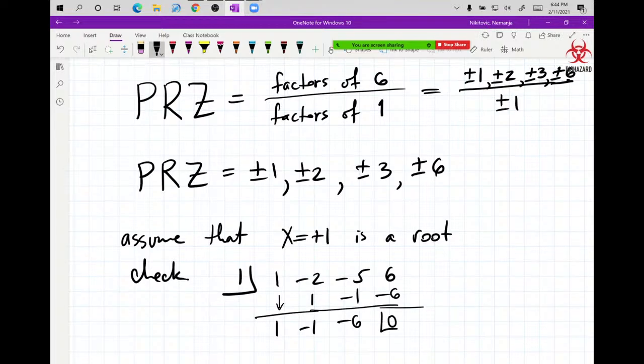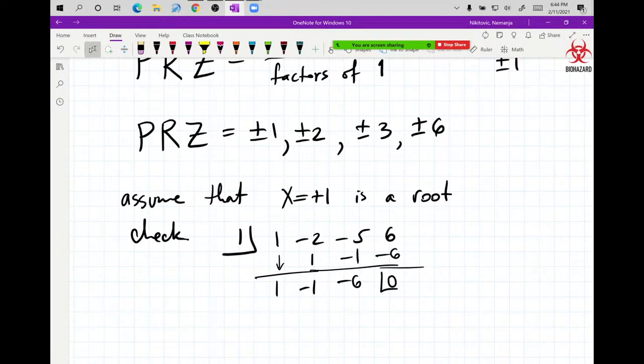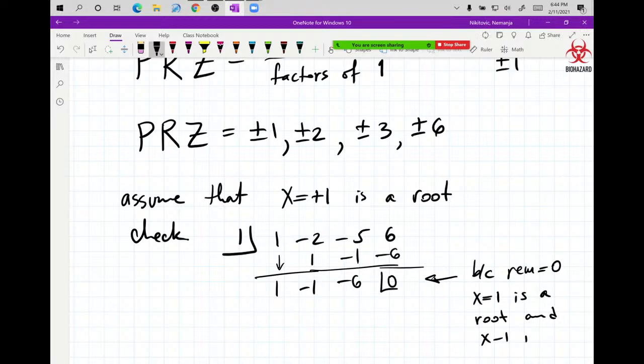Ooh, we got it. So, because remainder equals 0, x equals 1 is a root, and x minus 1 is a factor.